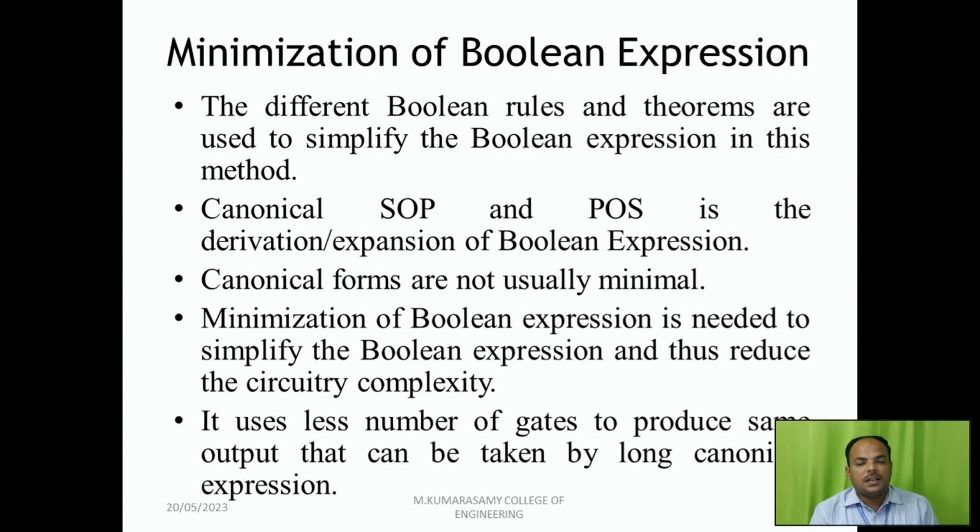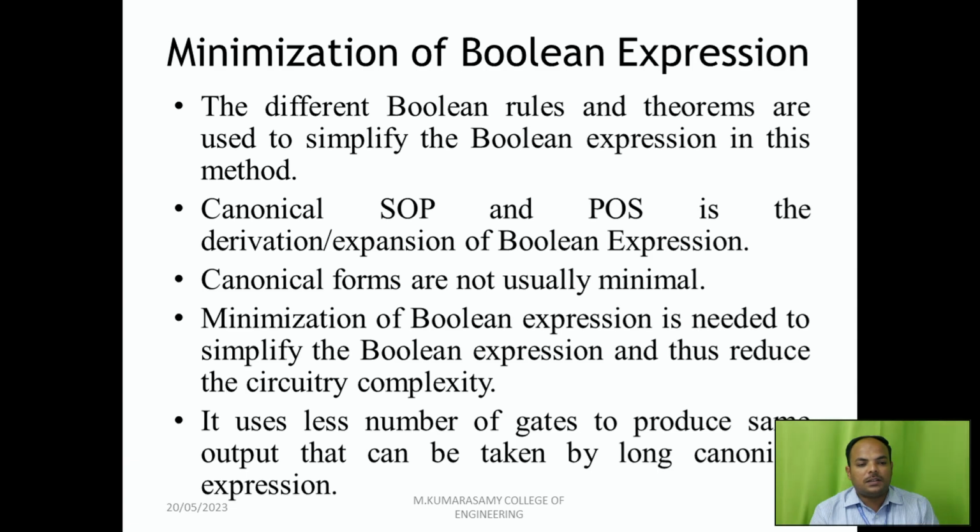It is named as standard form of SOP and canonical form of SOP. Standard or canonical, both mean the same term. So, canonical form of SOP and POS. POS is nothing but product of sum, and SOP means sum of product.